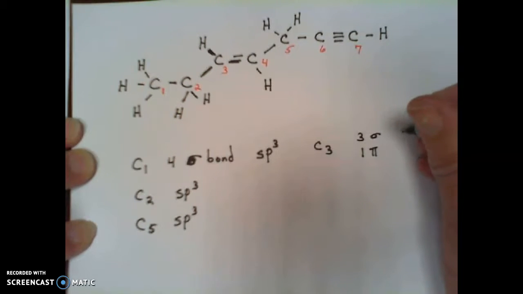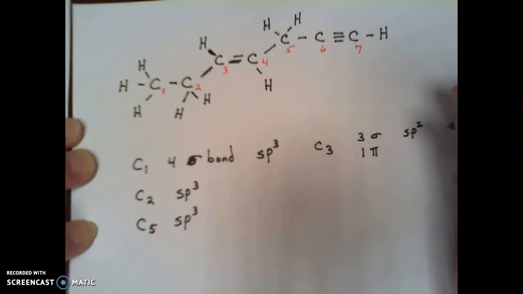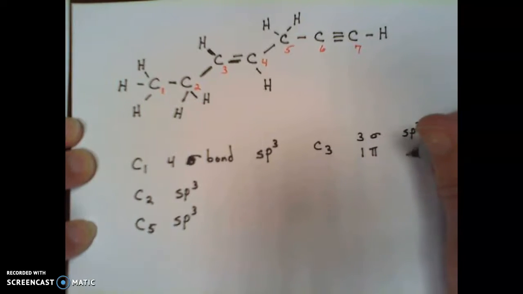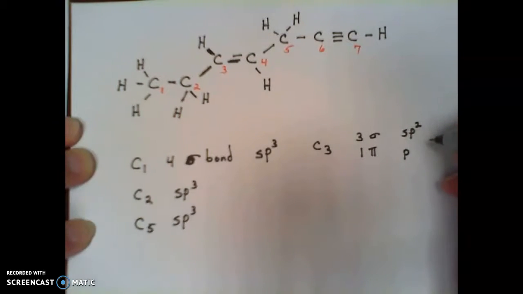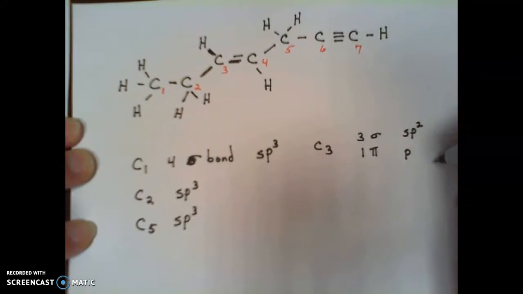The 3 sigma bonds are created from an sp2 hybridization. So the atom has taken its s orbital and combined it with 2 of its p orbitals. However, it's left 1 of its p orbitals unhybridized to participate in this pi bond.